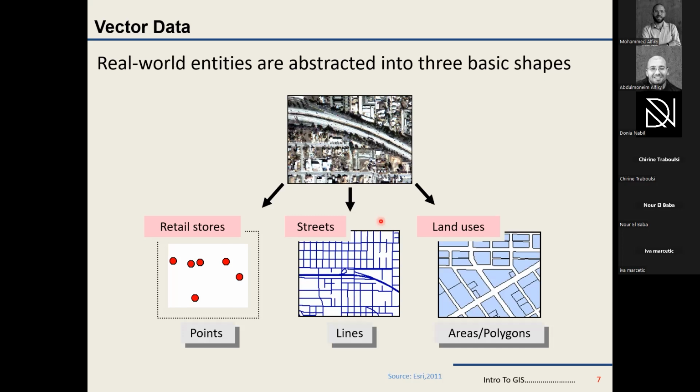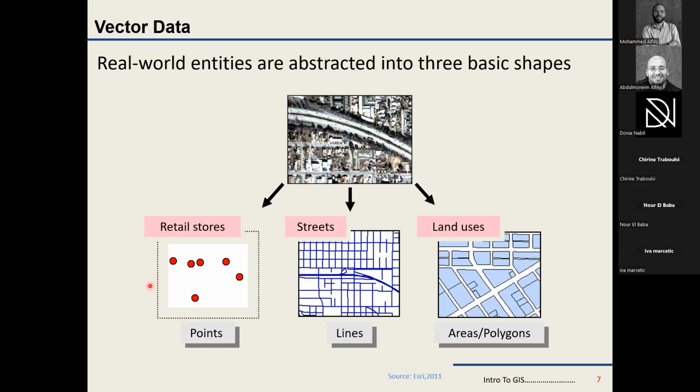When we simplify or abstract this map into a vector, we first start with the streets. So we have all the streets as lines. They have no place being drawn as polygons or something like that. They are all drawn as lines. The land parcels themselves come here as polygons. We can already see all the parcels, so we start drawing them as polygons.